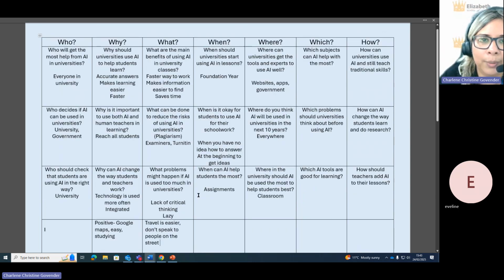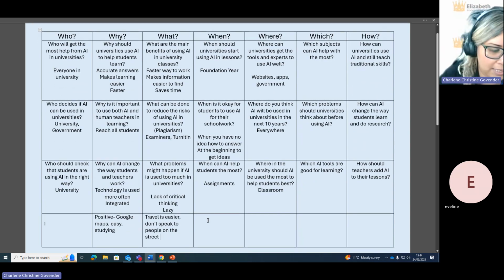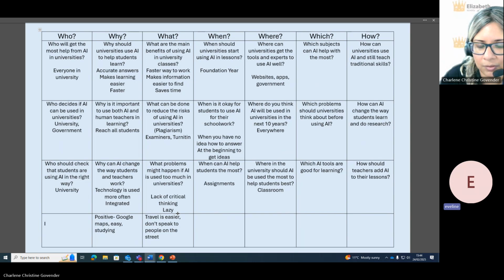Now, when do you use AI? Like when you're studying, when you're at home? I use it more for Google Maps, to be honest. I can't say the things I use. Like I said before, ChatGPT, I didn't know it existed before because I'm not too much into technology things.